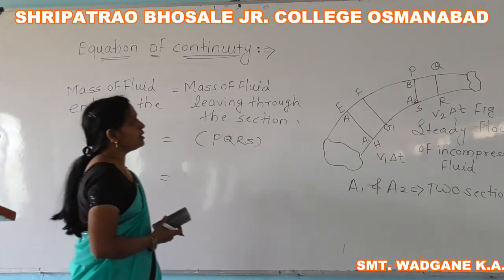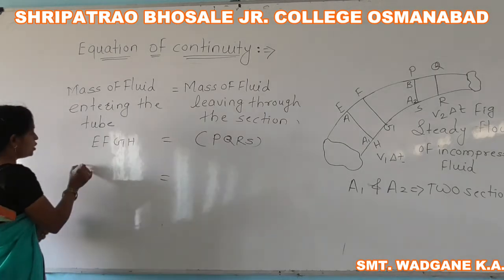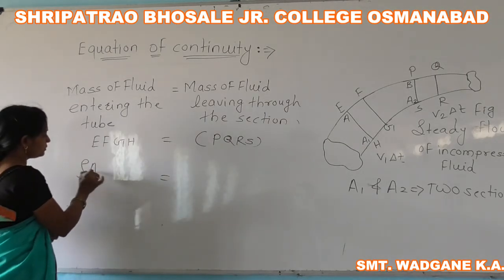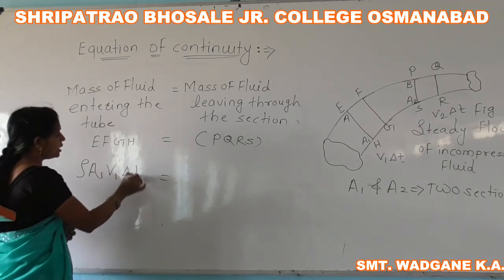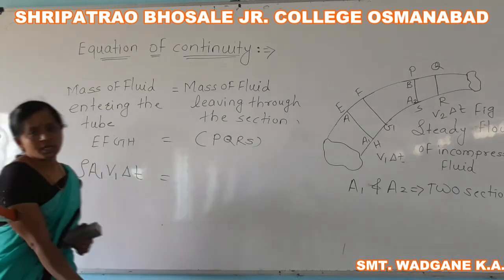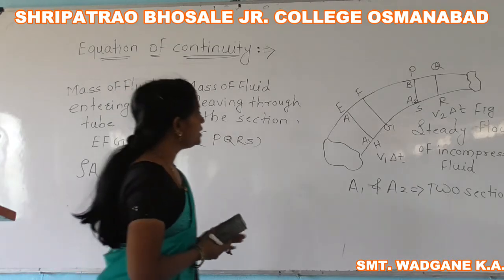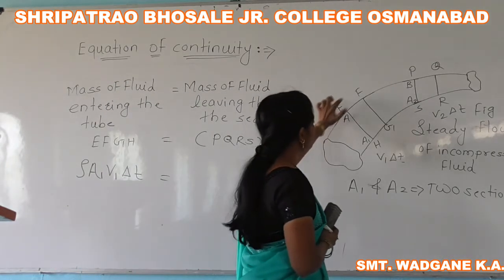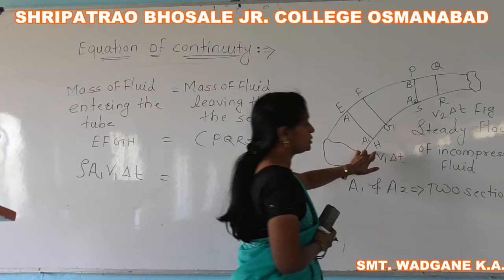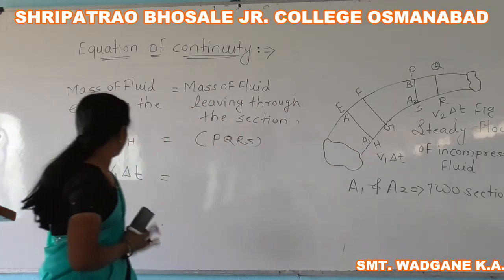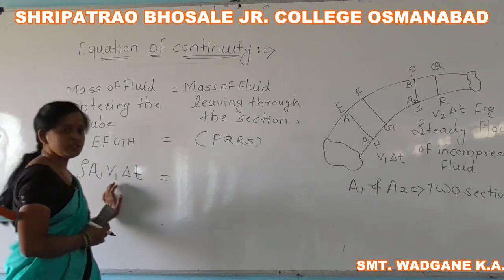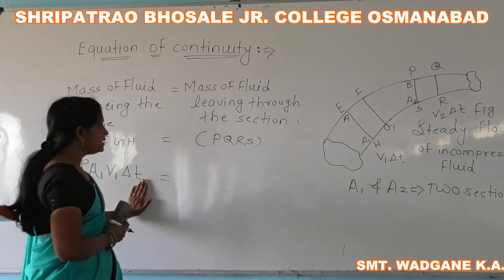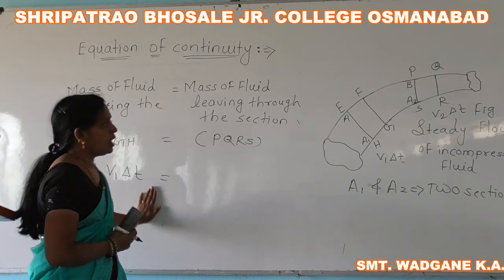It is given by rho A1 V1 delta t, where A1 is the area of EFGH, rho is the density, V1 is the velocity and delta t is the time.